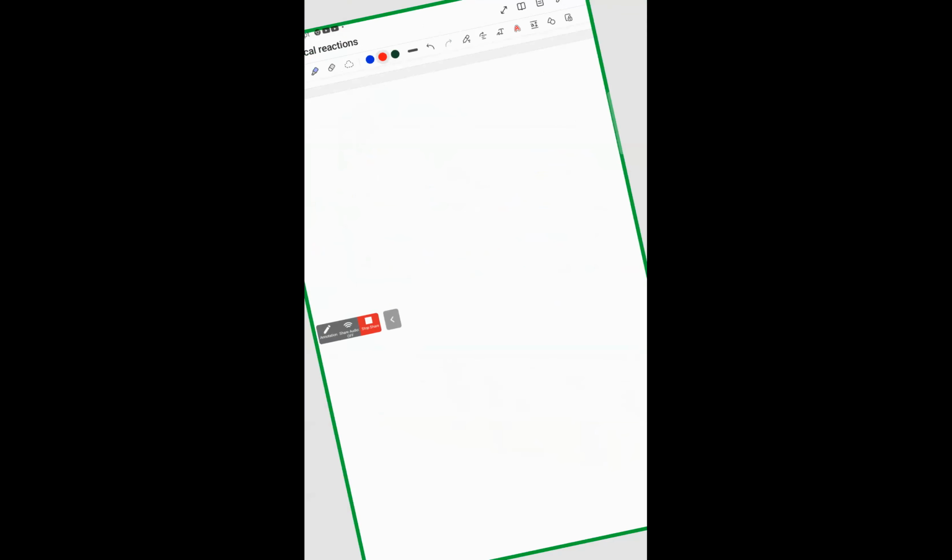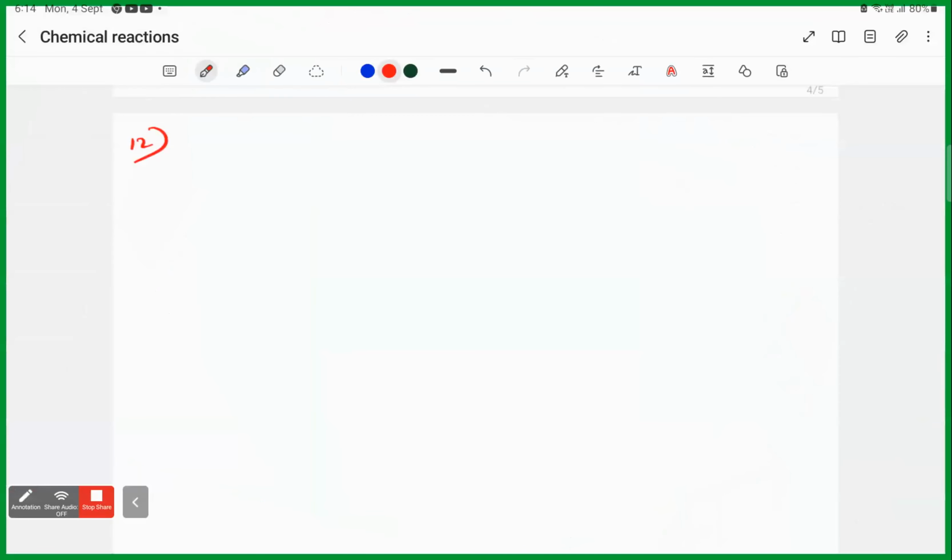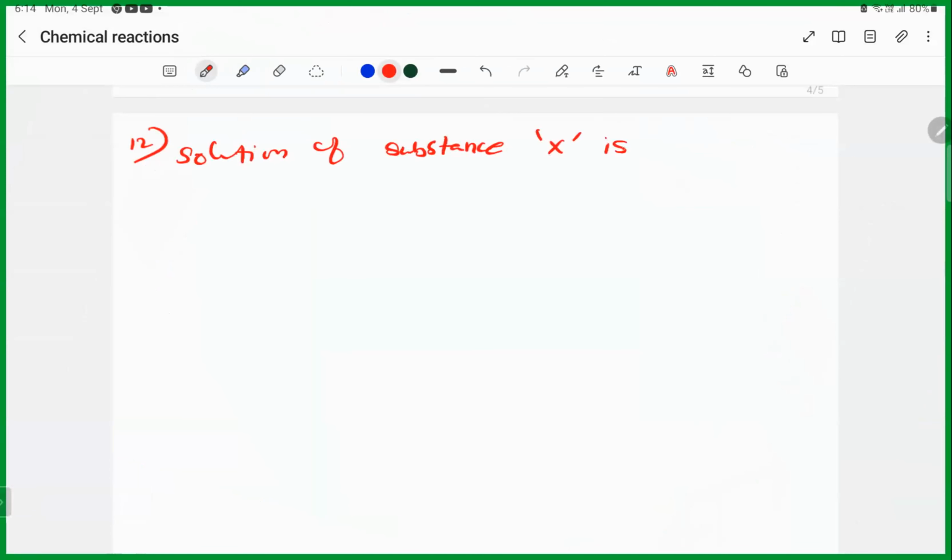A solution of substance X is used for testing carbon dioxide.